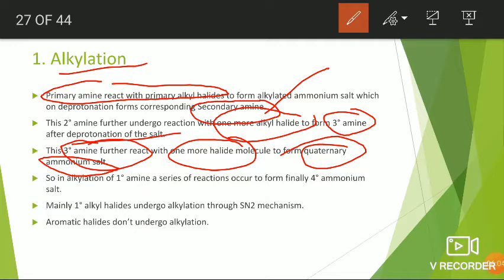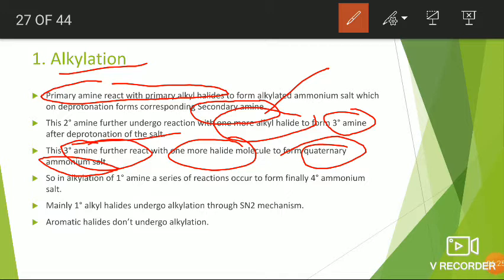So the reaction of primary amine with primary halide undergoes a series of chemical reactions to form quaternary ammonium salt as a final product.